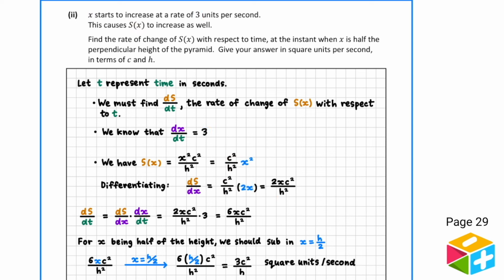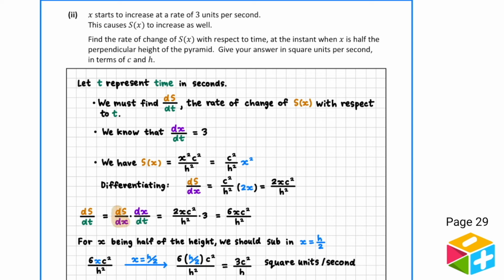So, we need to find ds/dt. If we multiply above and below the line by dx, we can rephrase this in terms of the two derivatives we just found. ds/dt is equal to ds/dx times dx/dt.